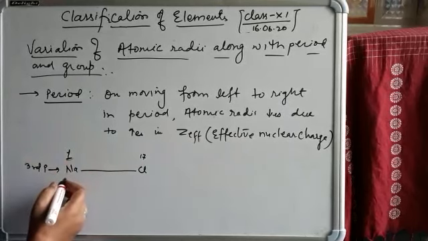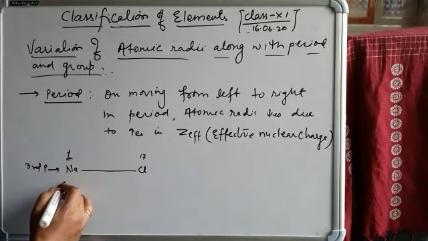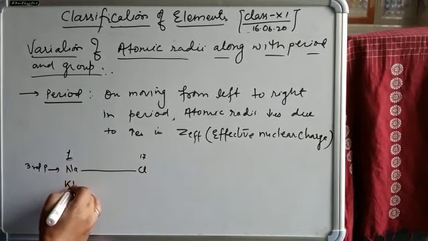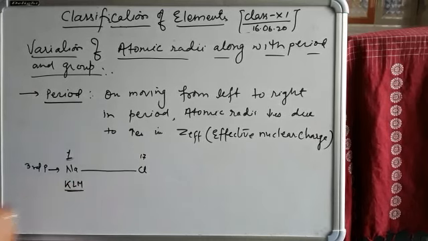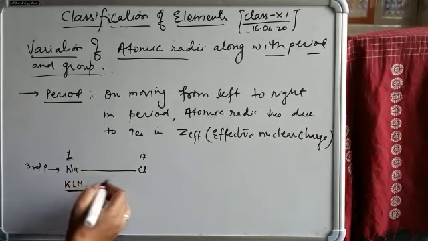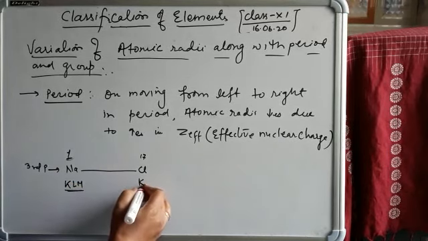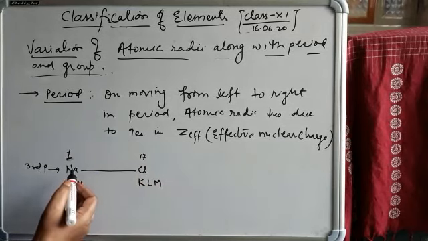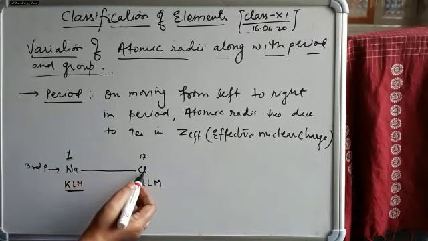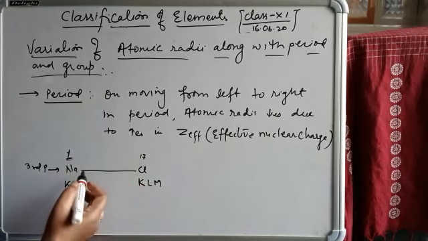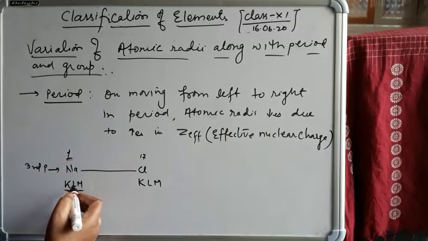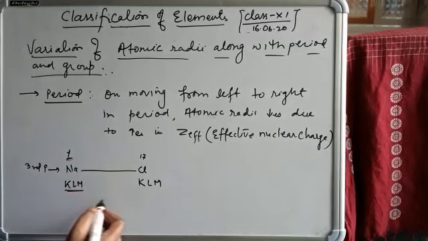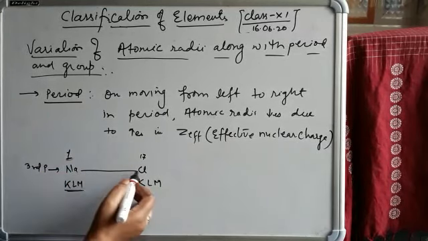Here we can discuss that in sodium only 3 energy shells are involved for filling the electrons, and when we move from left to right, the number of shells remains the same, but the number of protons increases. Sodium has 11 protons and chlorine has 17 protons. Electrons enter the same shell when we move left to right in a period.